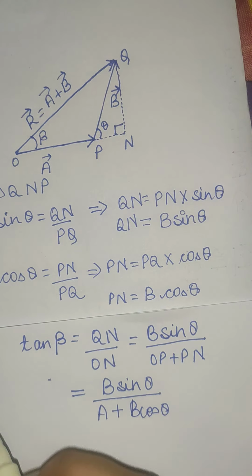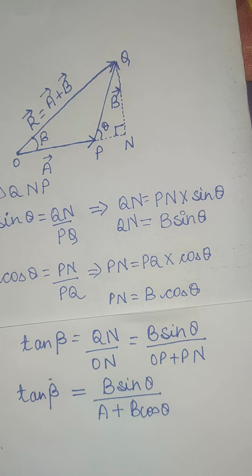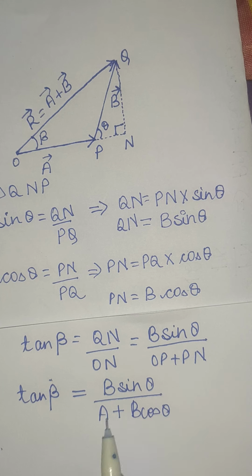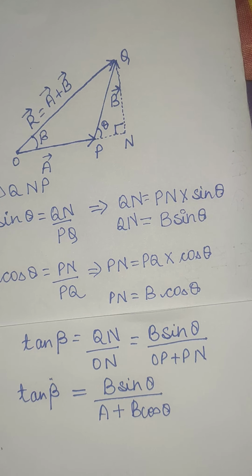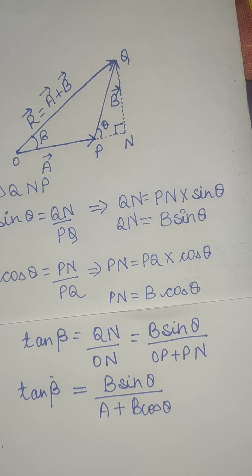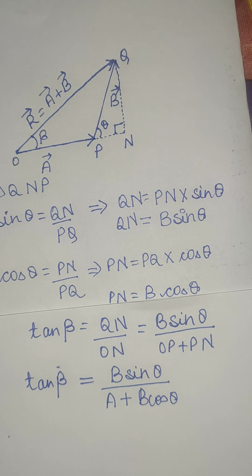So my direction, which is given by tan beta for the resultant, is equal to B sin theta divided by A plus B cos theta. So this is how we can calculate the magnitude and direction of the resultant R by analytical treatment of the triangular law of vector addition.